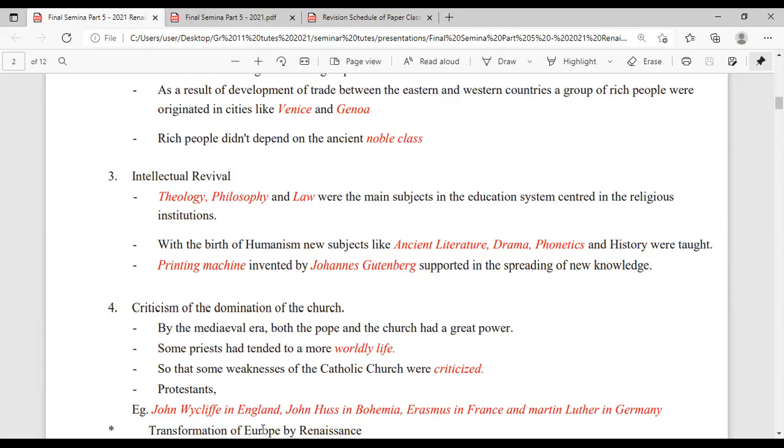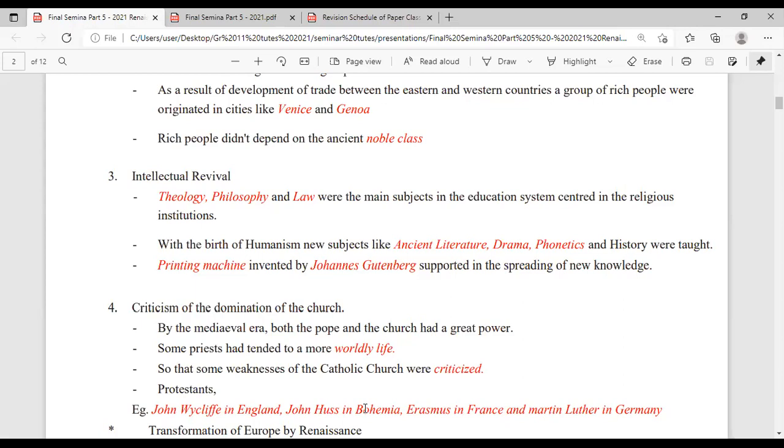They started criticizing the Catholic Church, so that its power had gone down, so that its influence on people had gone down, so that artists and scholars became so free, and so that they started giving birth to new creations.